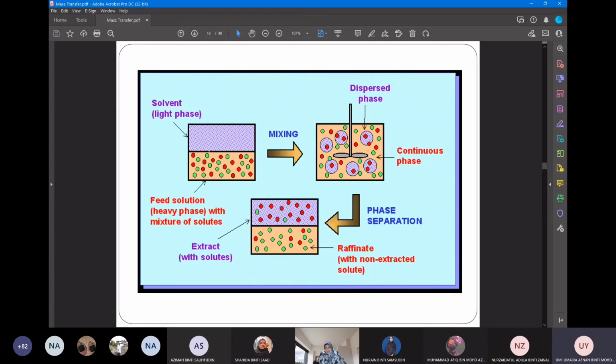So one system consists of three components, A, B, C. A is your solute, B is other than your solute, sometimes called the carrier, and C is your solvent. So that is how you look at it.